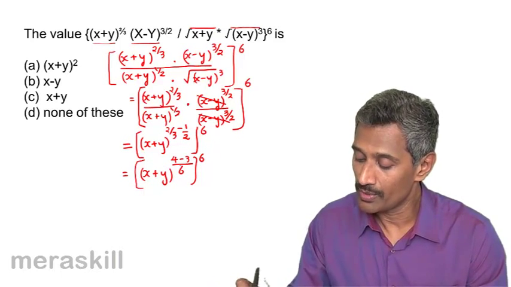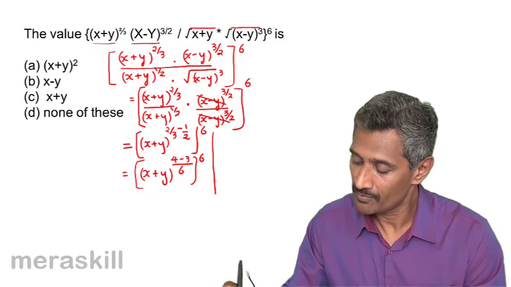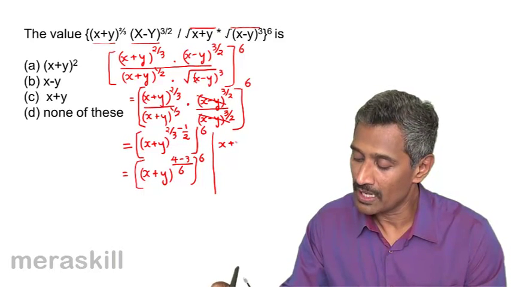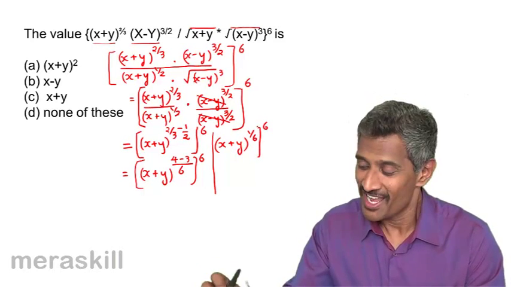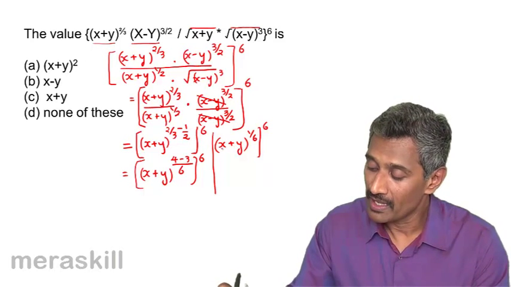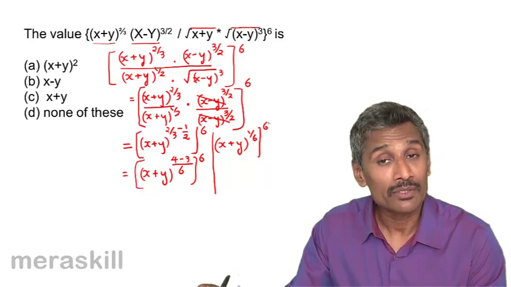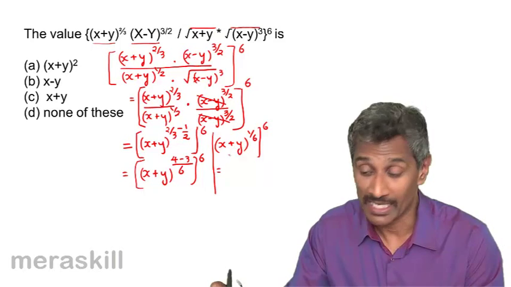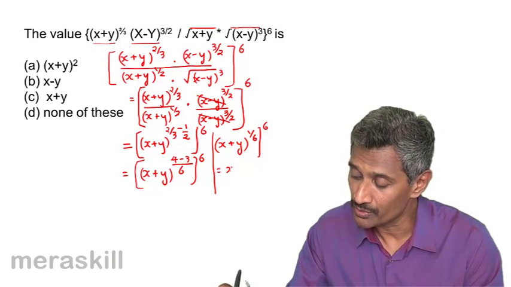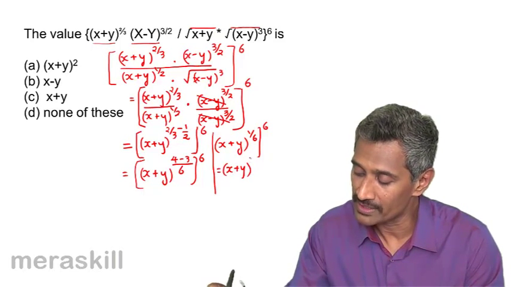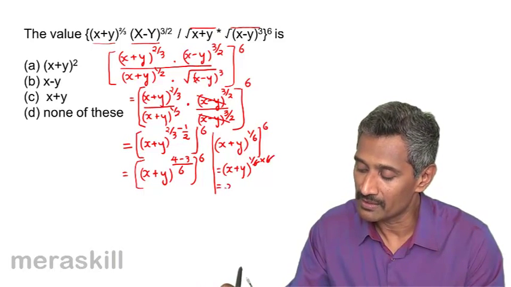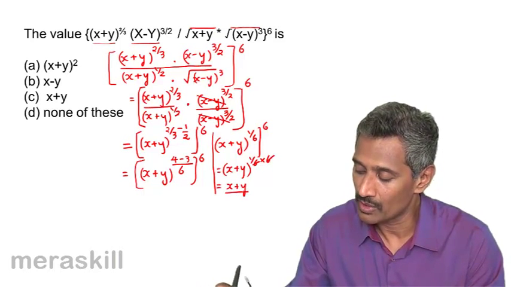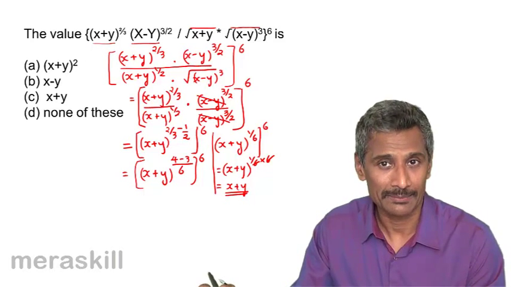So now we have x plus y the whole raised to 1 by 6 and this thing raised to 6. So ultimately it has become a raised to m the whole raised to n. So we use, yes, the power of power rules. So x plus y the whole raised to 1 by 6 into 6, which is ultimately x plus y. So our answer is x plus y.